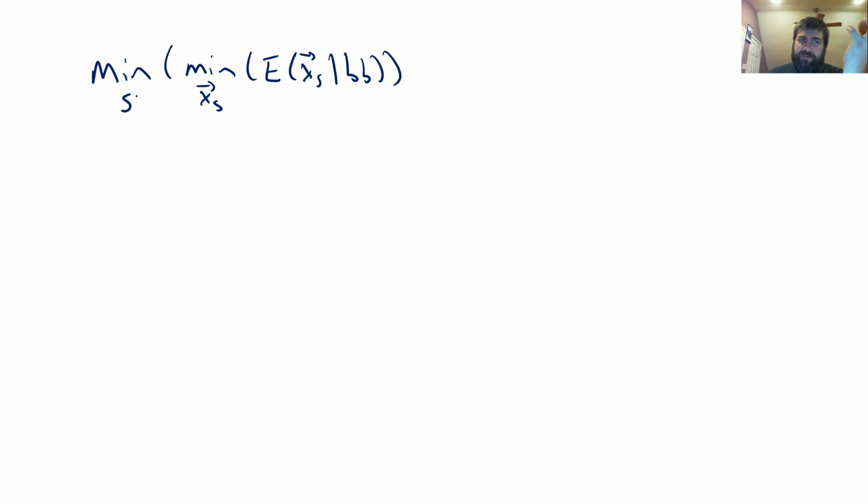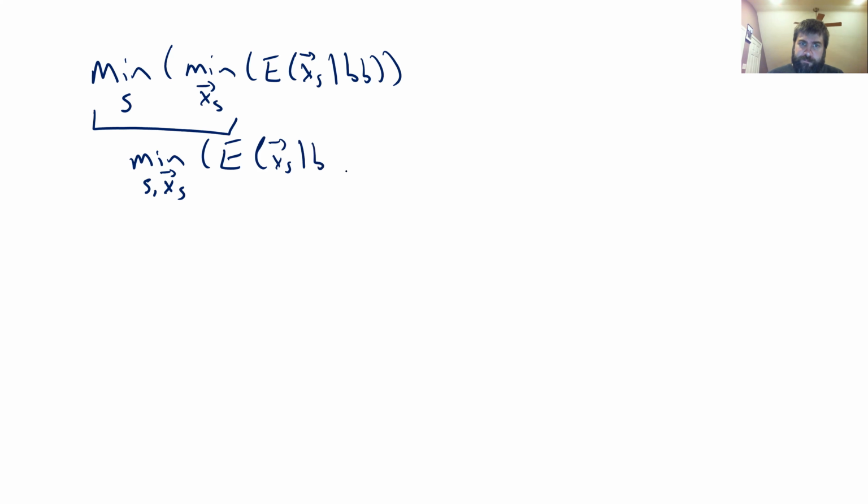What we can replace this with, since these are both the same type of entity, is simply a minimization over this joint set of discrete possibilities of this energy given the backbone.